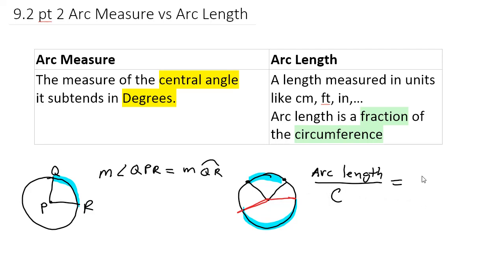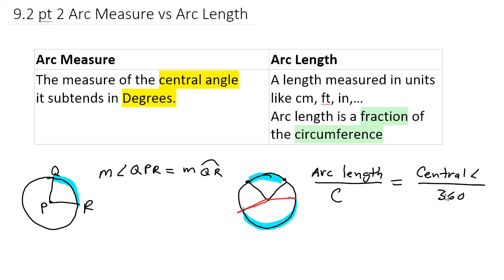So let's just say central angle for now, the central angle compared to how much out of the entire circle. Now we're measuring central angles in degrees, so I know that the whole entire circle is 360 degrees.